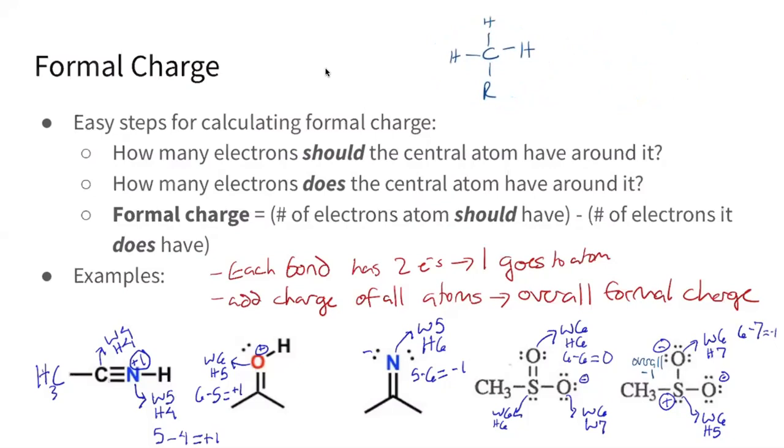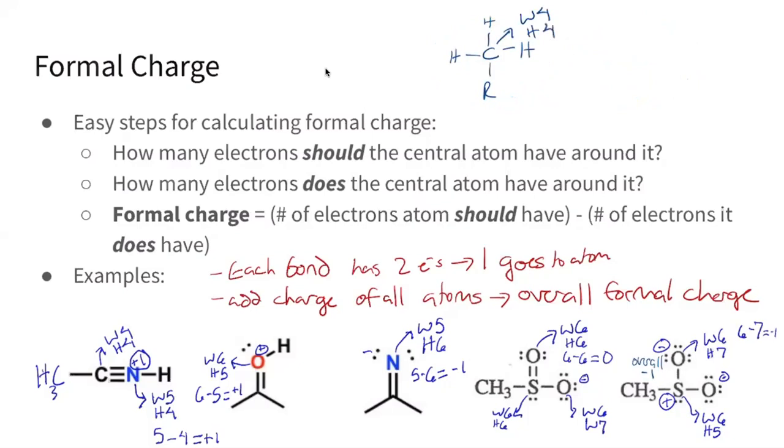So in this molecule, let's find the formal charge of our carbon. Carbon wants to have 4 electrons around it, or should have 4 electrons around it. And if we count the amount of electrons that it does have around it, 1, 2, 3, 4, then we can see that it has the 4 electrons.